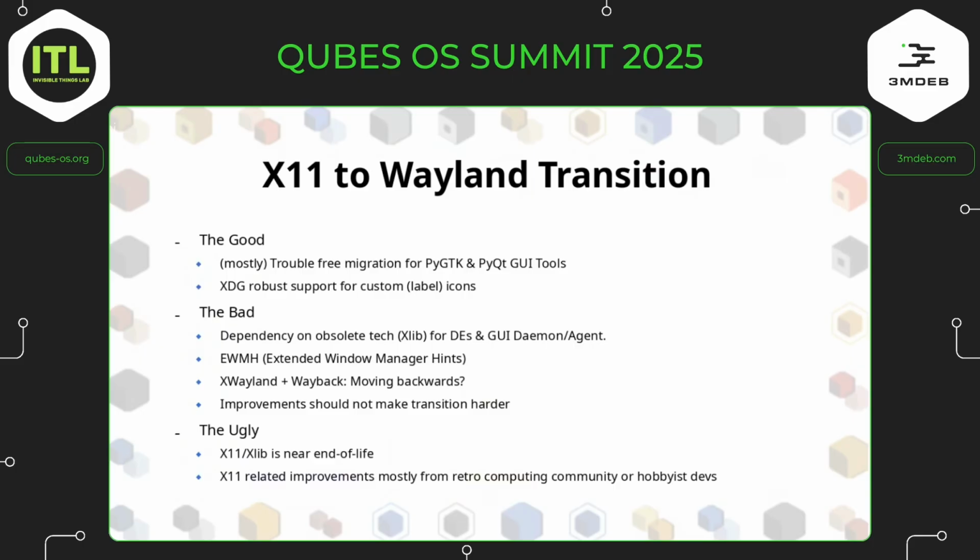VLAN migration makes many improvements hard or impossible. Custom labels are not affected. App icon tint effects are affected for sure. Window border effects are for sure affected. And if you look at core team commits to the X11 based GUI domain or GUI agent, they're usually bug fixes, not new improvements.